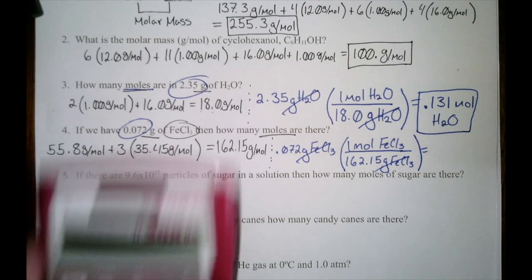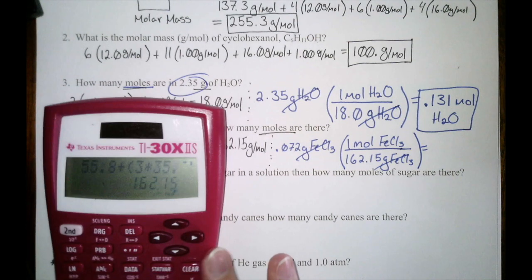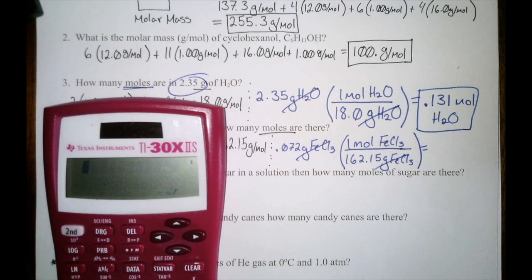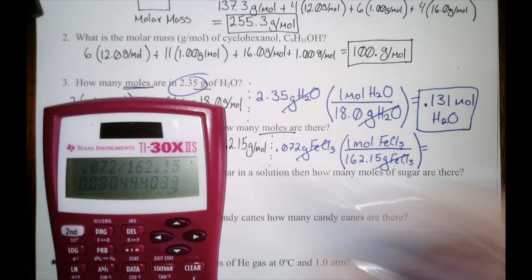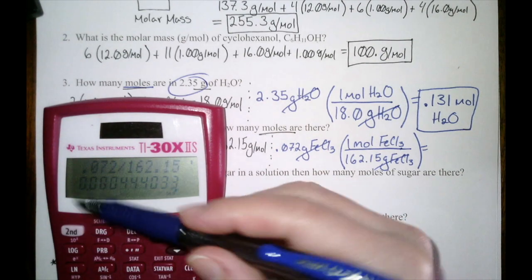And now we can do the division and figure out the answer. So 0.072 divided by 162.15. And since this is a very small number, we're going to put it in scientific notation.